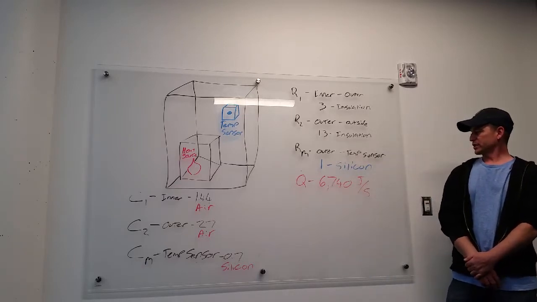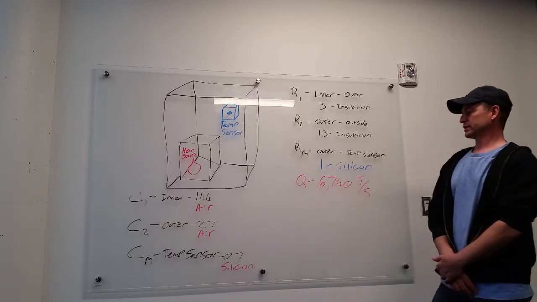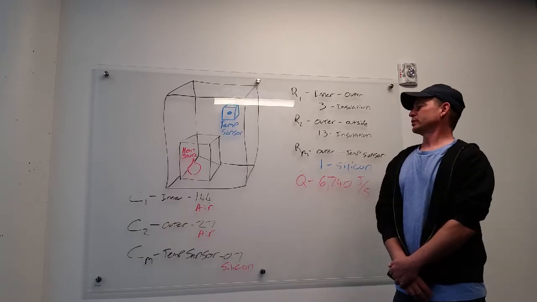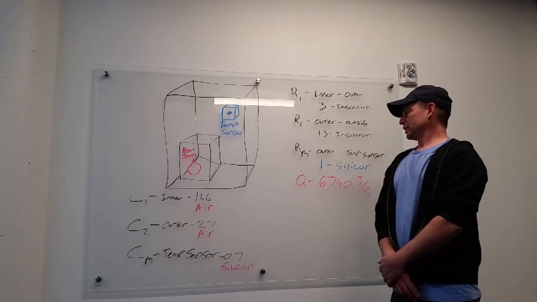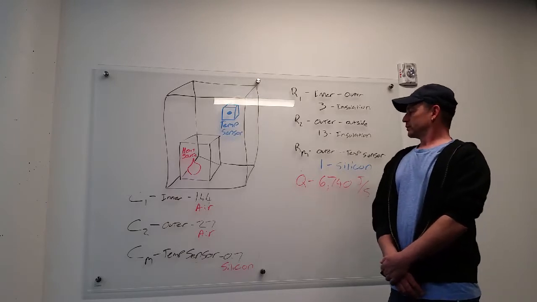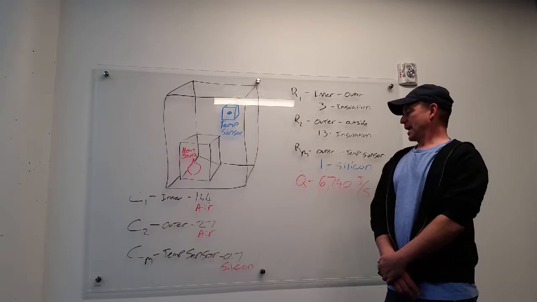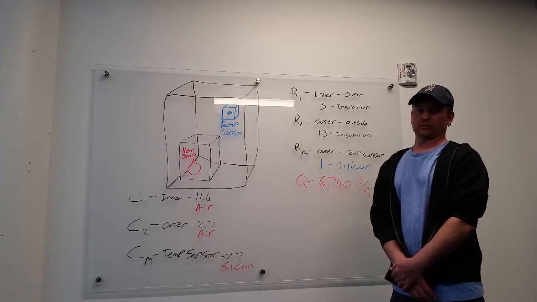The heater itself puts out 6,740 joules per second, and we also calculated the capacitance values to be 1.44, 27, and for the sensor a value of 0.7.